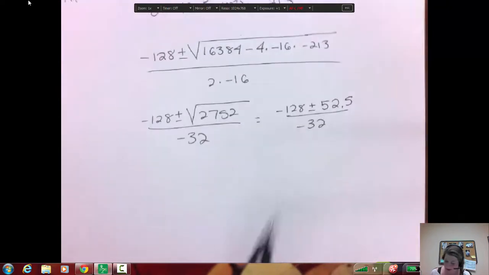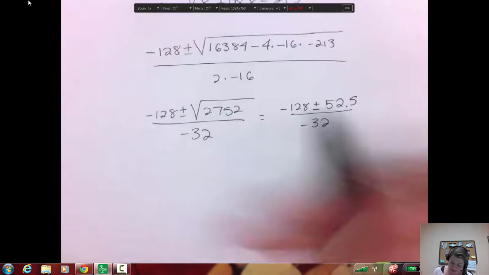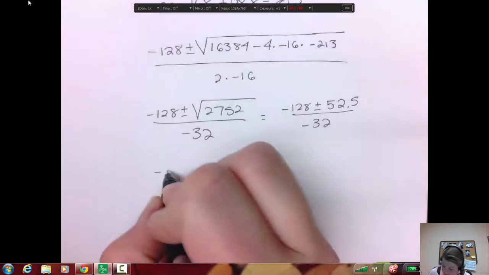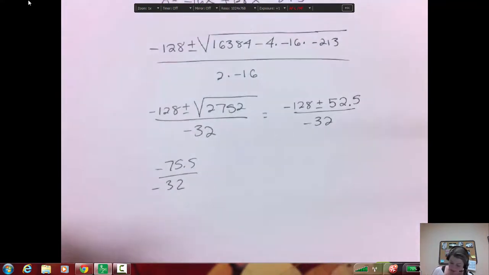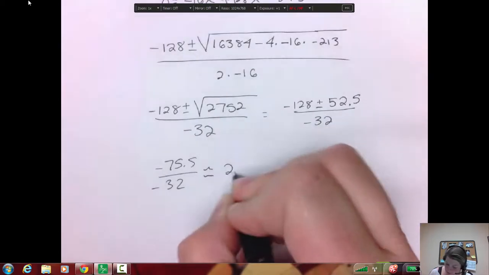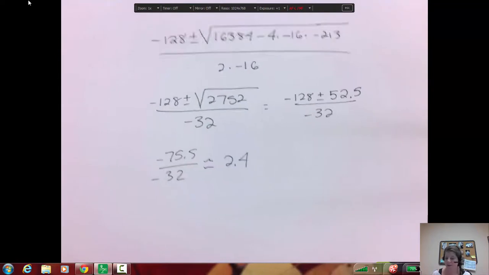So then we do it this way, negative 128, and then I'm going to do plus 52.5, get the answer, which is negative 75.5 divided by negative 32. So divide that by 32, I'm going to get about 2.4. Okay, let's do the other one.